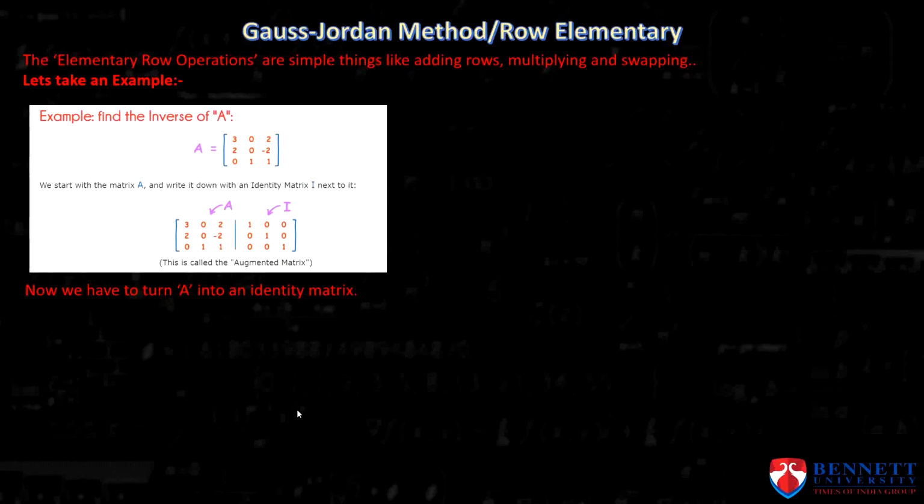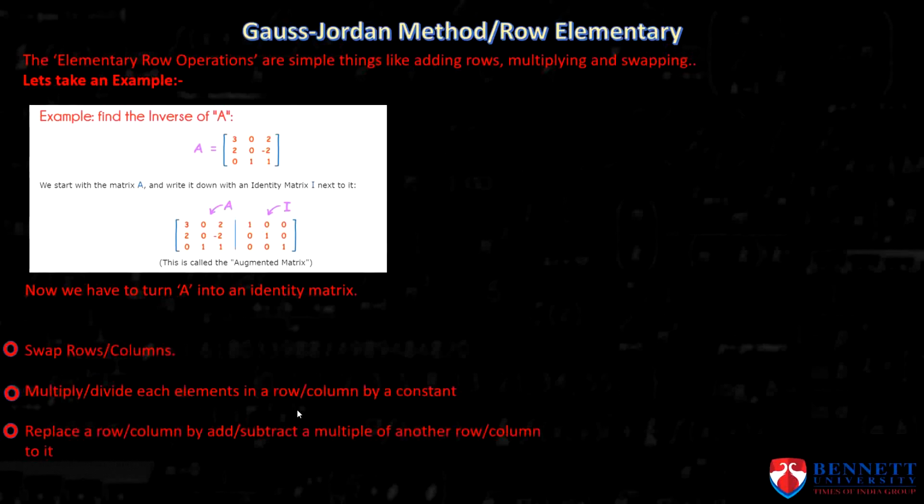The goal is to make matrix A have ones on the diagonal and zeros elsewhere, but we can do this only by elementary row operations. We can swap rows, we can multiply or divide each element in a row by a constant, or third, we can replace a row by adding or subtracting a multiple of another row to it.